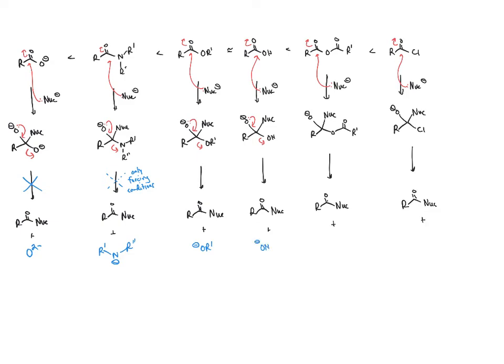In the case of the anhydride, we get loss of an acetate, or a carboxy anion. And in the case of the acid chloride, we get loss of chloride anion.